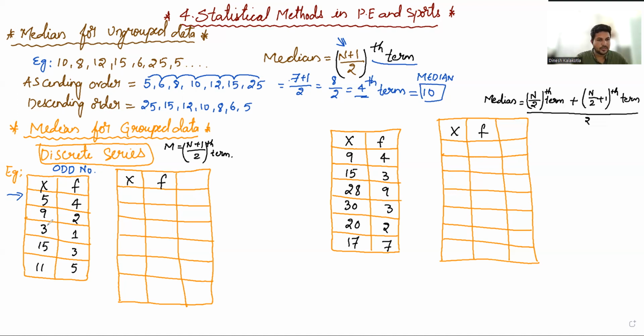What we are first going to do is write it in any order, as I told you. So let me write it in ascending order. Which is the smallest number? 3 is the smallest number. Do not get confused between the given table and the table I'm writing; I'm just arranging it.